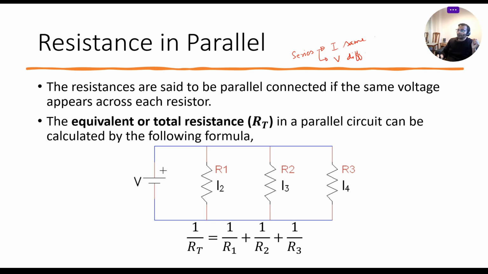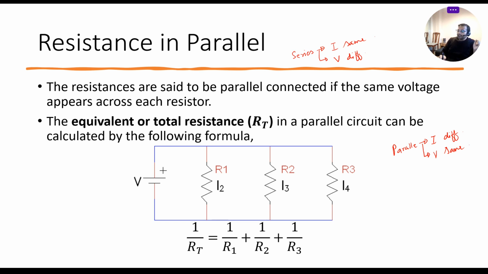In case of resistances connected in parallel, the current flowing through each resistance will be different, and the voltage drop across each resistor will be the same. So just the opposite.